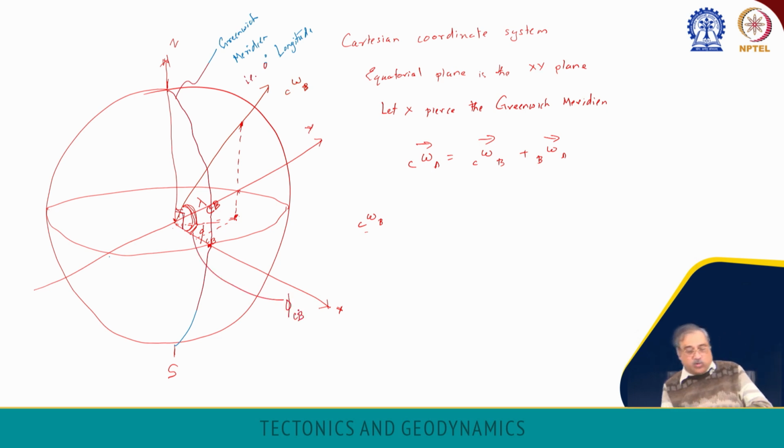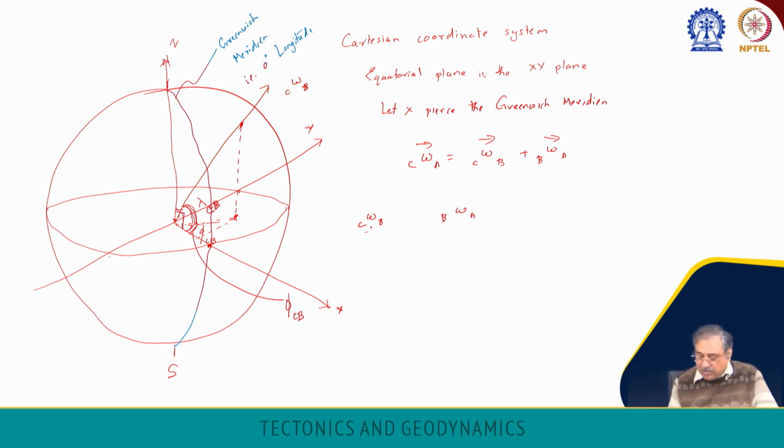So this would be the x and y components of omega b with respect to c. Similarly, we can get components for omega a with respect to b, also there would be components like this.